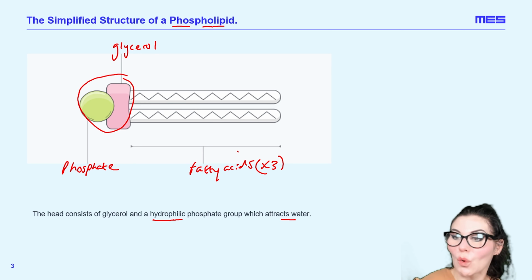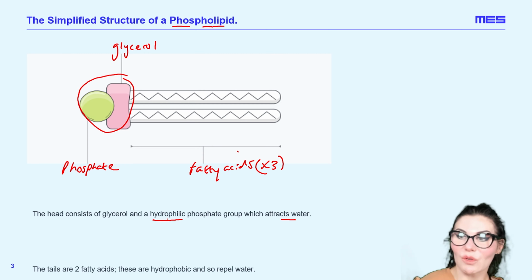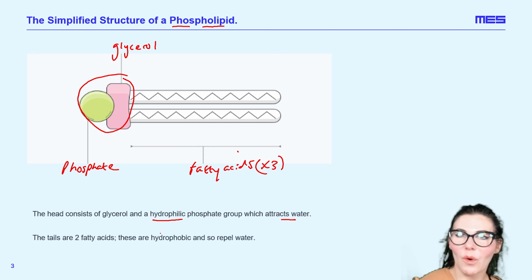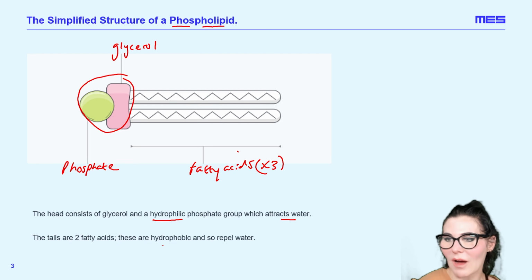So where there is water, this phosphate group will attract towards it. There's a polarity. And that means the head is described as water loving because it will bond with water nearby, as opposed to the fatty acid tails, which repel any water around them. So they would be described as hydrophobic, or water hating.